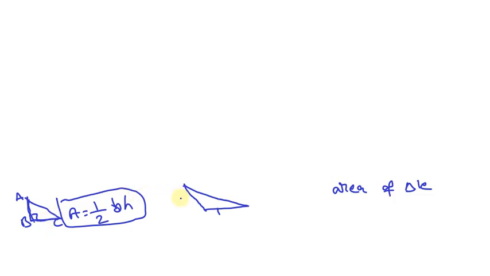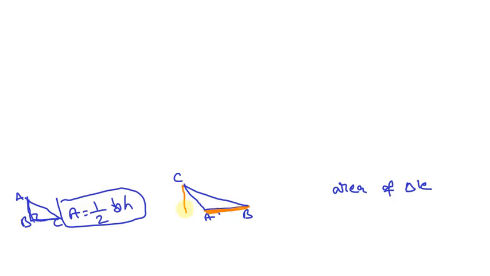But in the case of an obtuse angle triangle, if you consider one of the sides as the height, can we consider any other side as the base? No. In such cases, if you consider AB as the base, then for this base, from the opposite vertex we have to drop a perpendicular line.